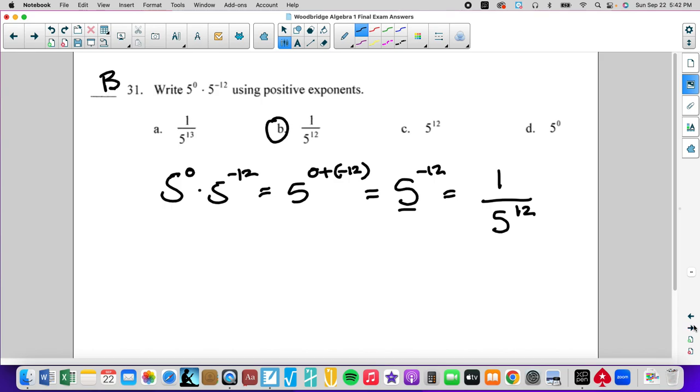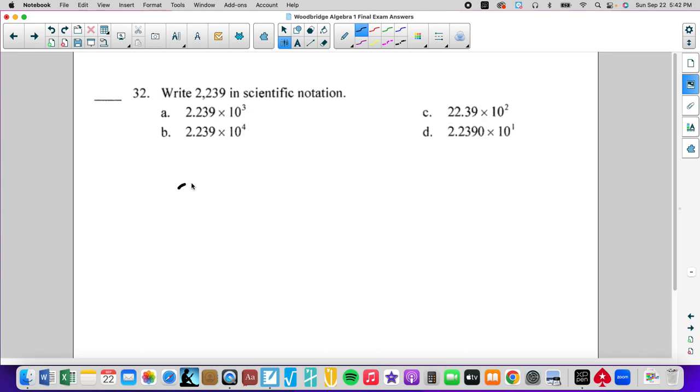All right, now we have scientific notation. 2,239 has a decimal point here. Scientific notation needs to be greater than or equal to 1 and less than 10. So I'm going to move this decimal point until that value is between 1 and 10. It's 22.39, and now it's 2.239.